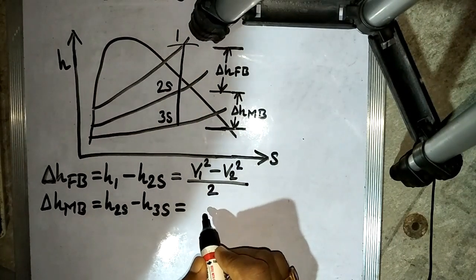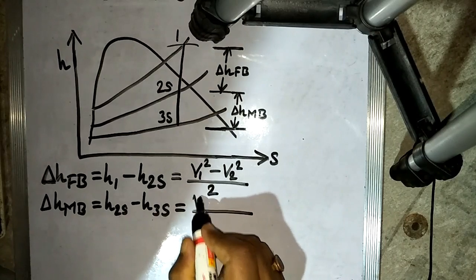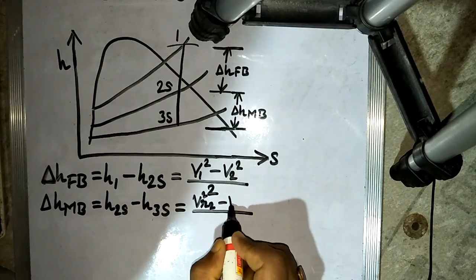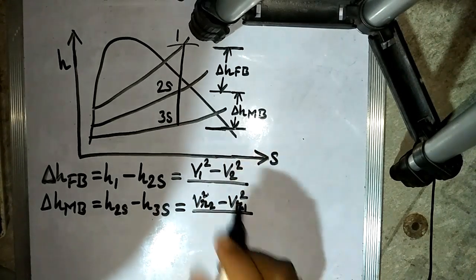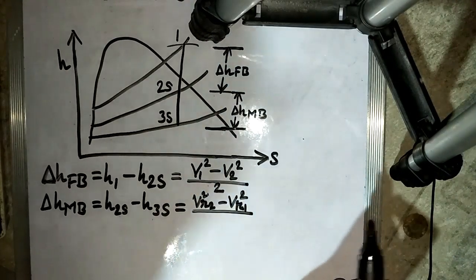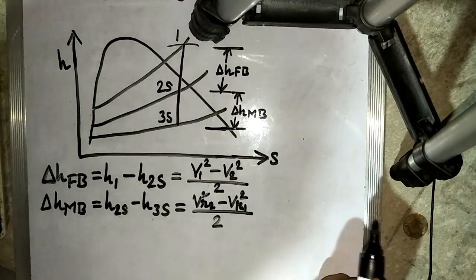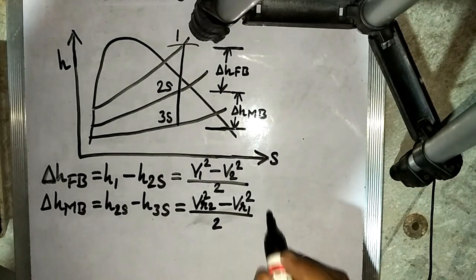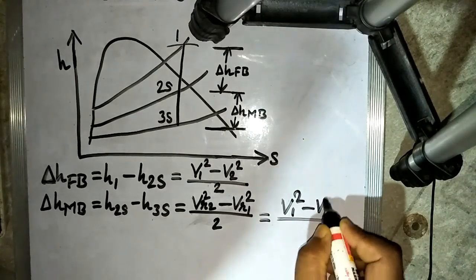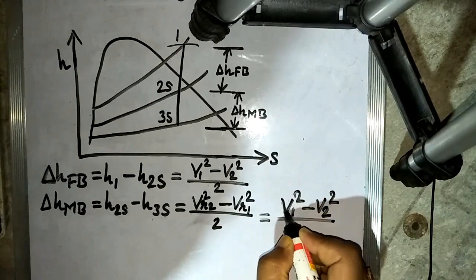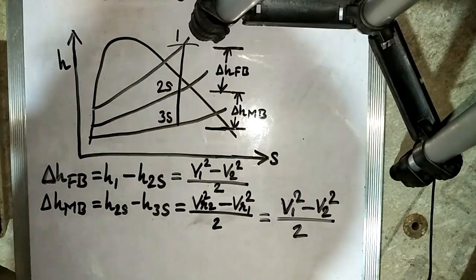So that is equal to VR2 square minus VR1 square by 2, and that is obviously equal to V1 square minus V2 square by 2, because from the diagram we know that VR2 is equal to V1 and VR1 is equal to V2.